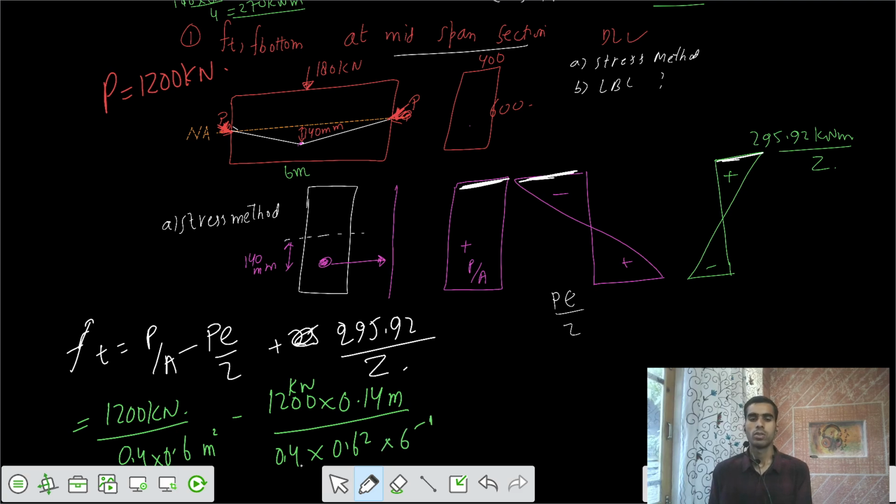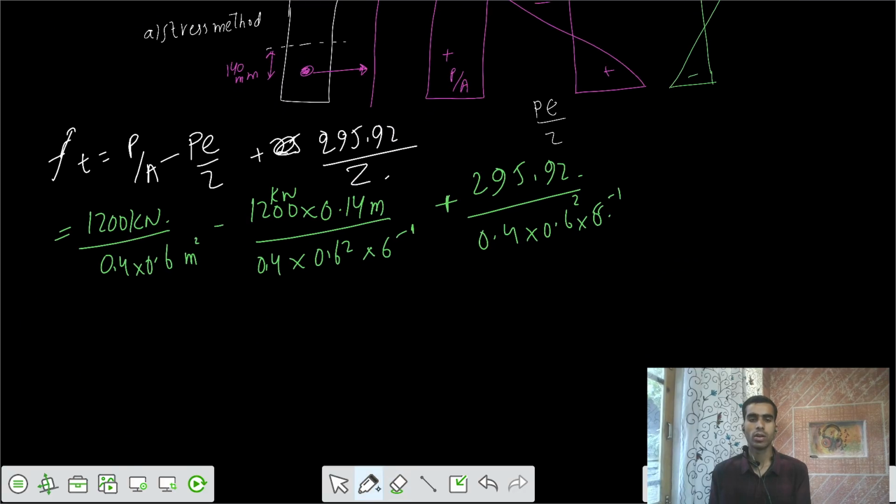After that we have plus 295.92 divided by the section modulus BD squared by 6. So your stress at the top is equal to 10.33 megapascal. And the stress at the bottom would be equal to P by A minus PE by Z.